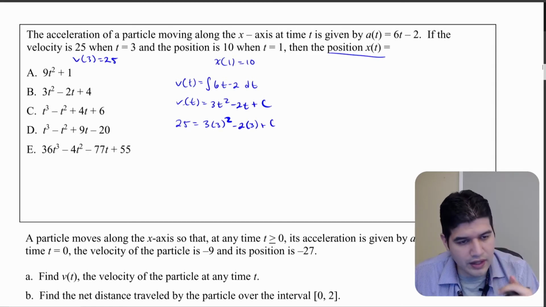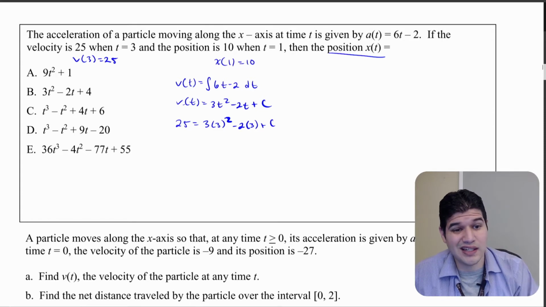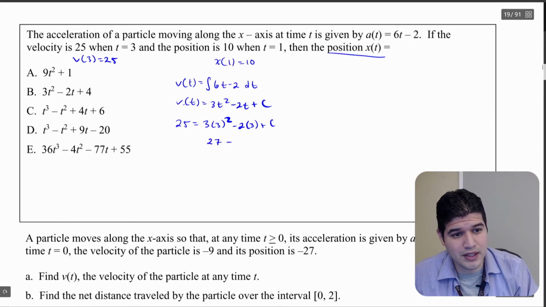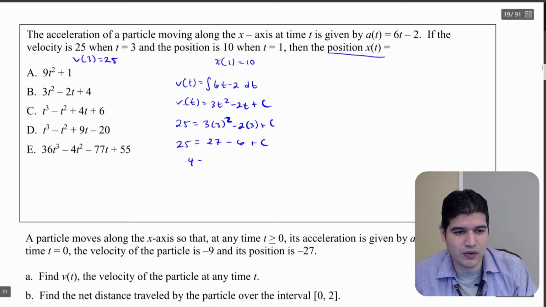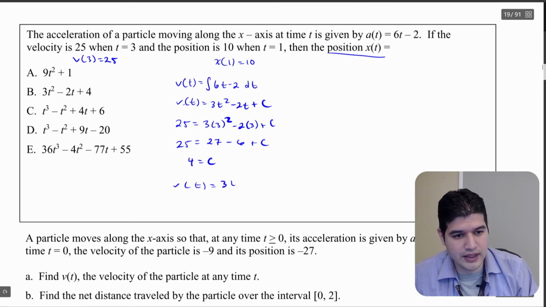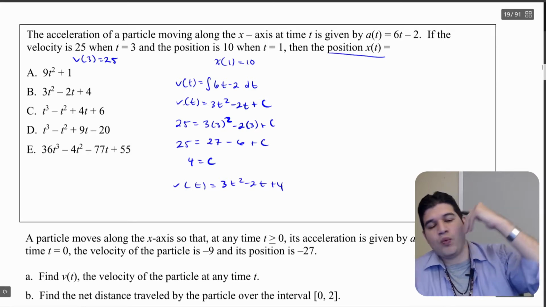So 3 squared is 9, 9 times 3 is 27, minus 6 plus c. 27 minus 6 is 21, and 25 minus 21 gives me 4. So 4 equals c, and v of t is equal to 3t squared minus 2t plus 4.